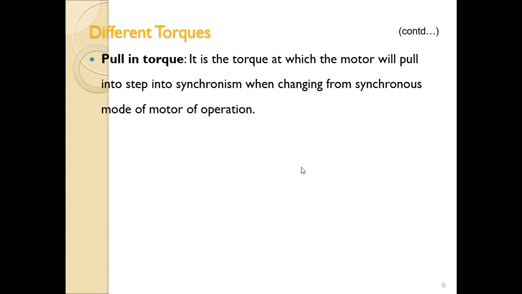Until what extent will it run at synchronous speed? Until the motor bears the load. Suppose you apply a load, the motor bears it and runs at synchronous speed. Then you apply some more load, and the motor still bears the load and runs in synchronism. Likewise, this continues until the load angle alpha, that is the angle between the axis of the rotor pole and the stator magnetic pole, reaches 90 degrees.